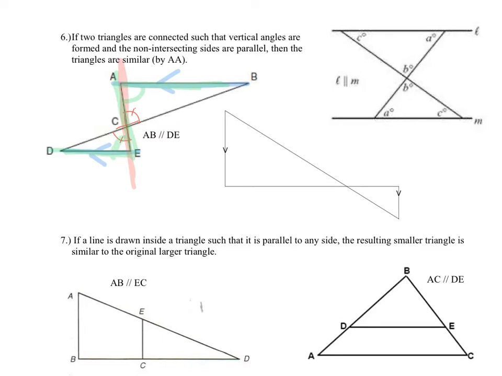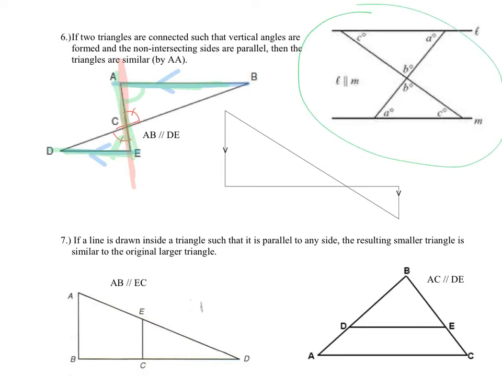So now we have two pairs of angles that are congruent, and that's enough to say by AA they are similar. So again, if you have two triangles connected by vertical angles, and then the sides that aren't involved in the vertical angles are parallel, then the two triangles are similar. Let's look at this picture up here.